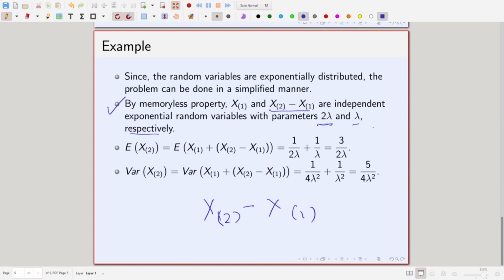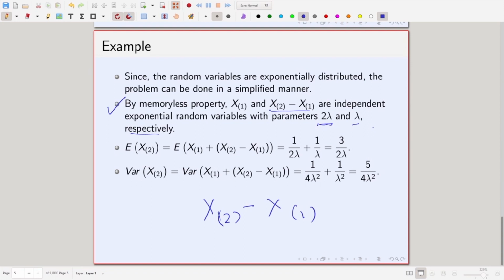But by the memoryless property, that will be just simply exponential. That is because we have seen this argument before, like we saw in the previous lecture, that the remaining service time is just the original service time, because of this memoryless property. So here is the same thing.